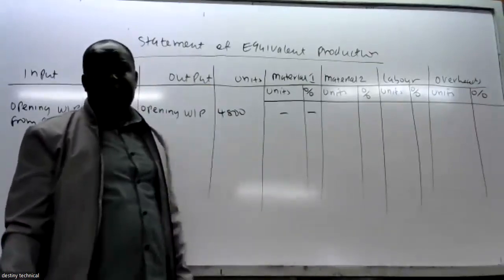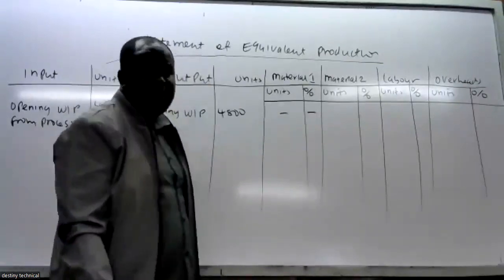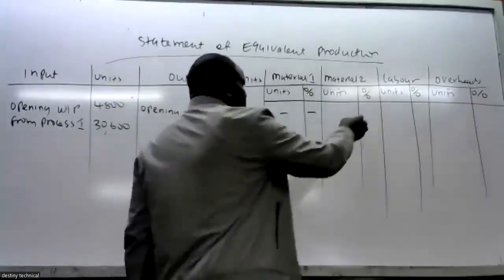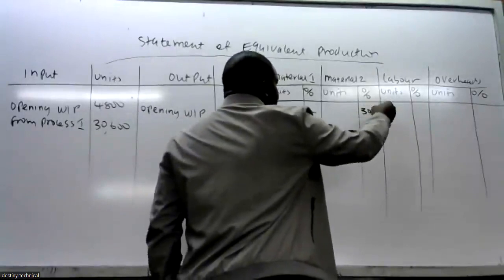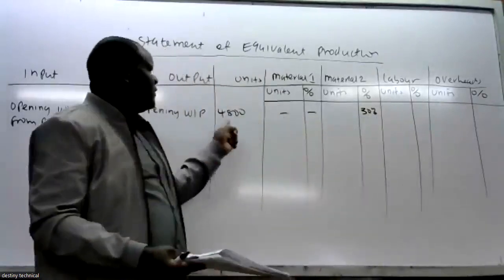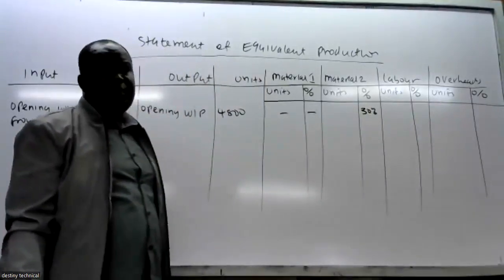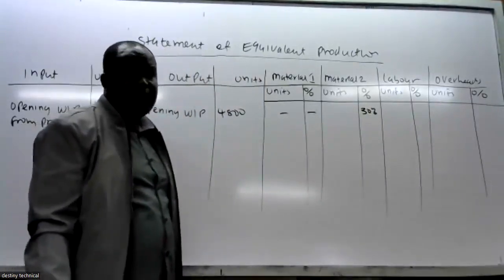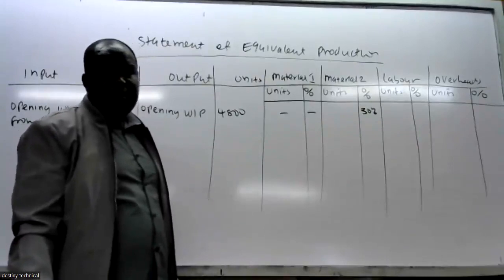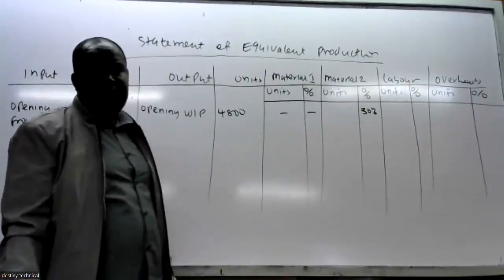If it is 70% complete, the remaining percentage to be completed will be 30%. So get 30% of 4,800. What is 30% of 4,800?